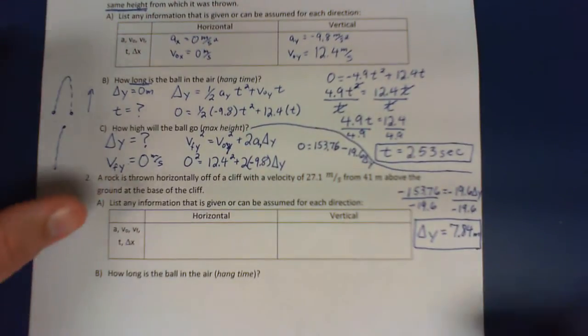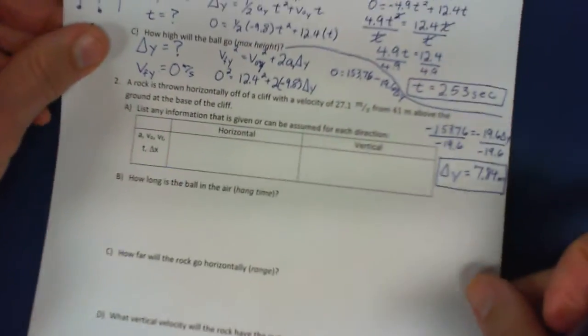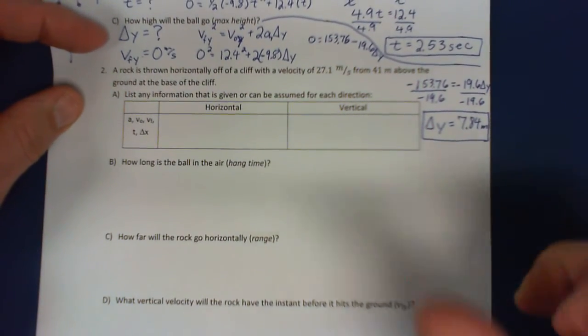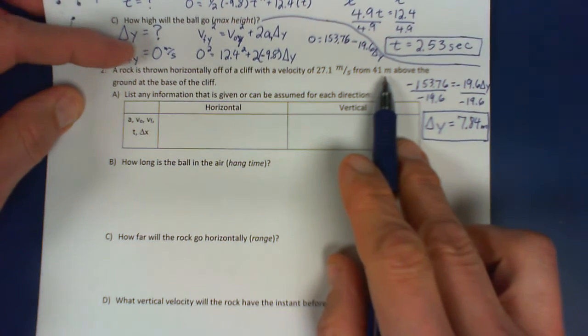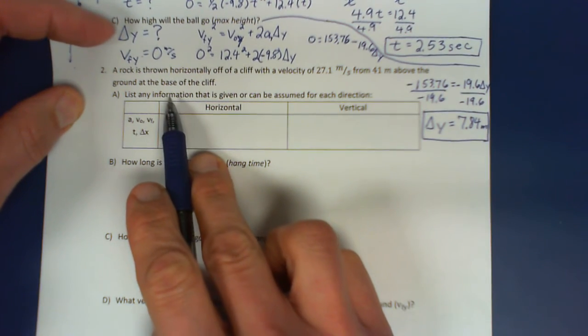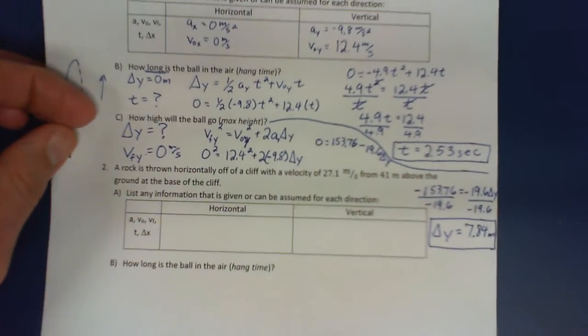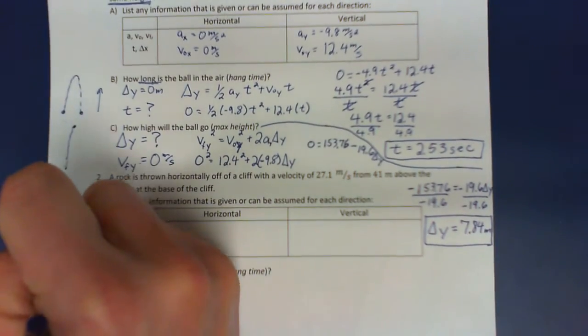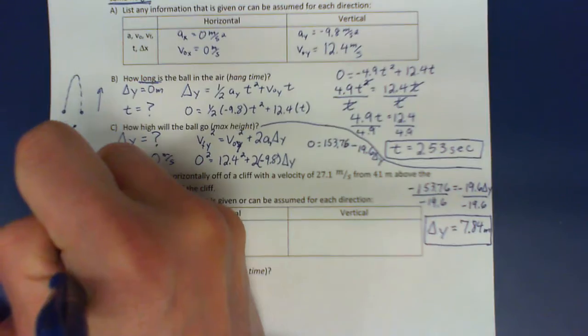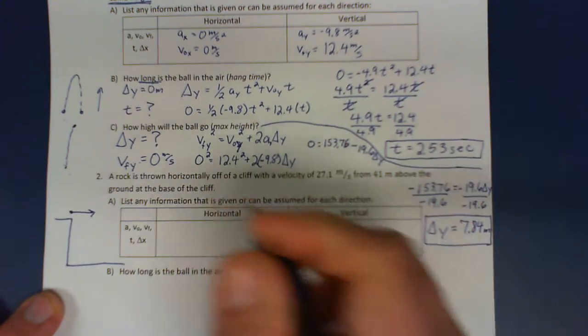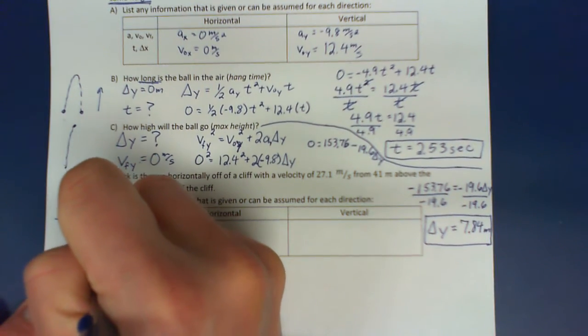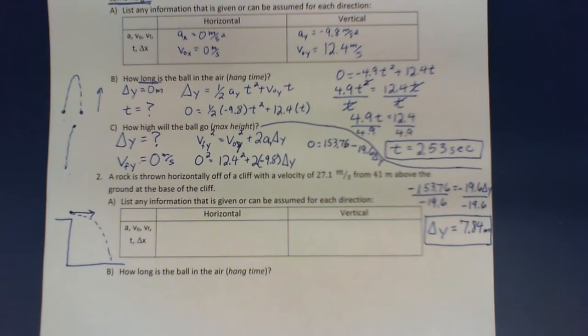All right, next problem. Number 2, it says a rock is thrown horizontally off of a cliff with a velocity of 27.1 meters per second from 41 meters above the ground at the base of the cliff. All right, so we're dealing with a scenario where we're up here, and it says it's thrown horizontally. And then as it's thrown horizontally, it falls down to the ground.